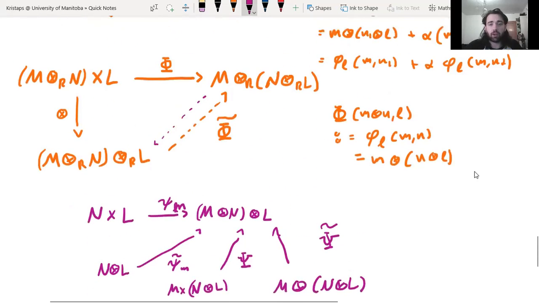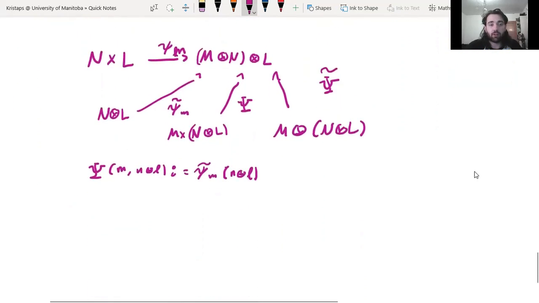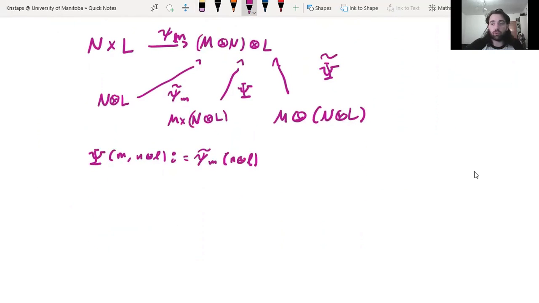And like before with uppercase phi tilde, if we go through the definitions, following from the universal property, we'll see that on simple tensors, phi tilde will take M tensor N tensor L and send that to M tensor N tensor L.